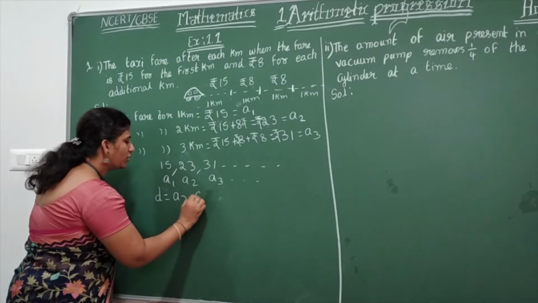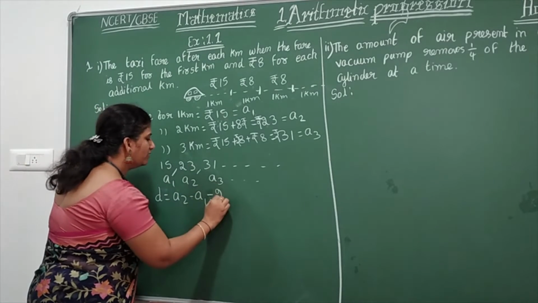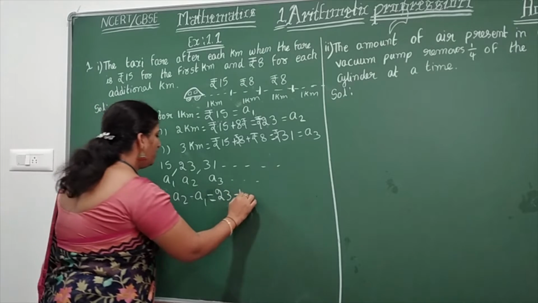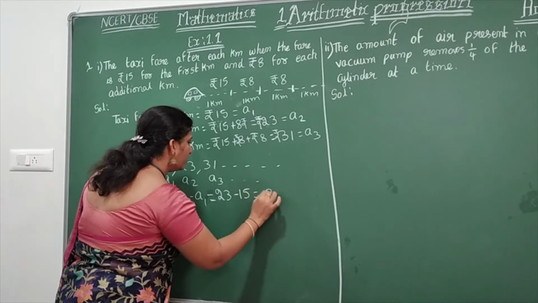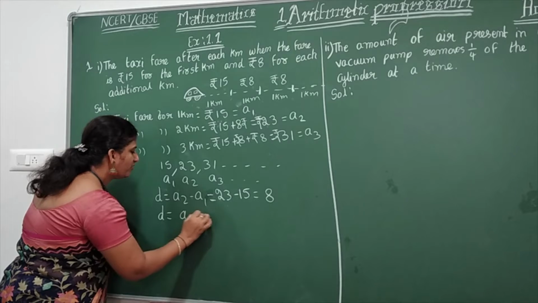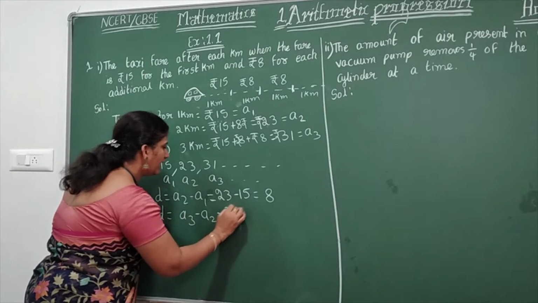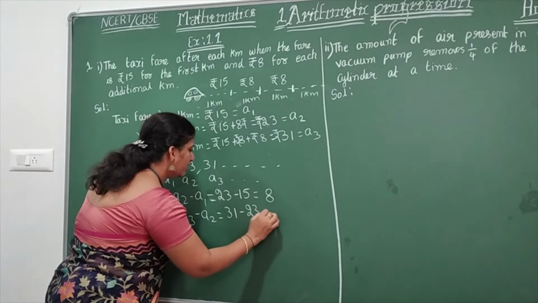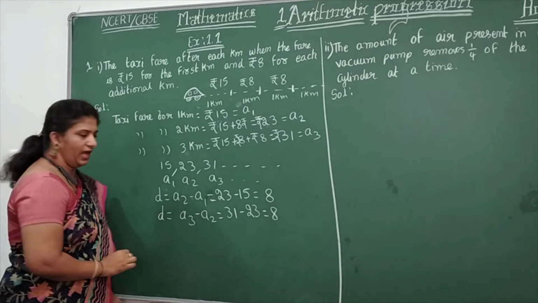So d is equal to A2 minus A1: 23 minus 15, that will be 8. Another common difference, A3 minus A2: 31 minus 23, that will be again 8.